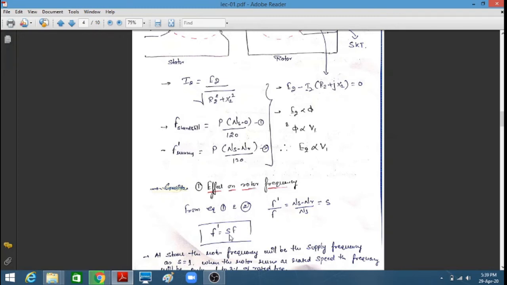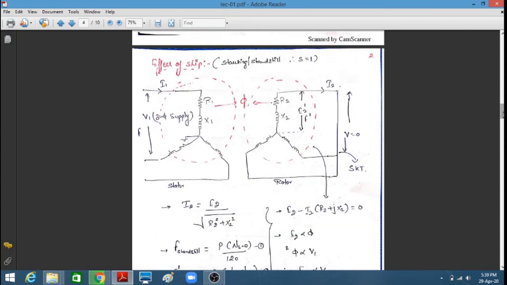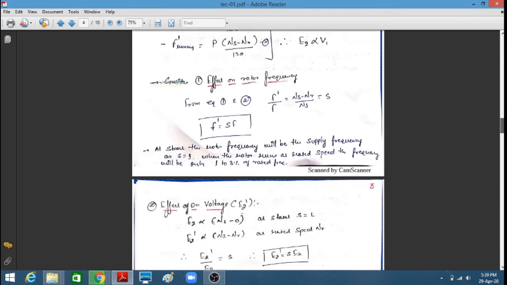Suppose the slip is 1% and the supply frequency is 50 hertz. Then 1 upon 100 into 50 is 0.5. So the rotor frequency is only 0.5 hertz. You supply 50 hertz and get 0.5 hertz at the rotor side. So due to slip, the frequency reduces on the rotor side.